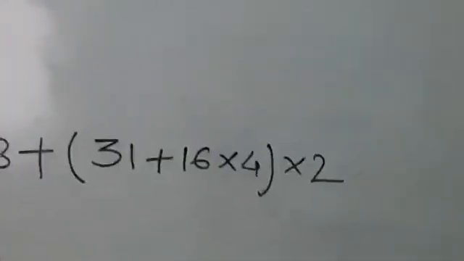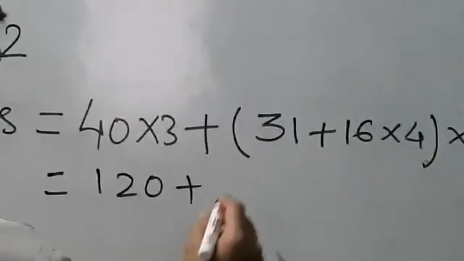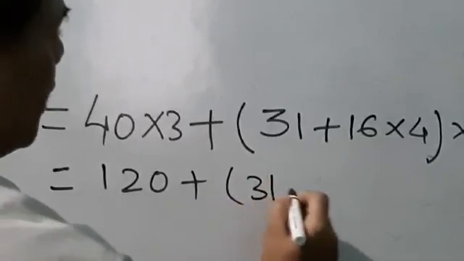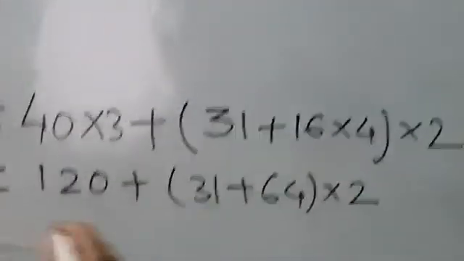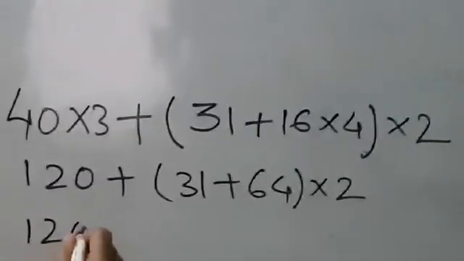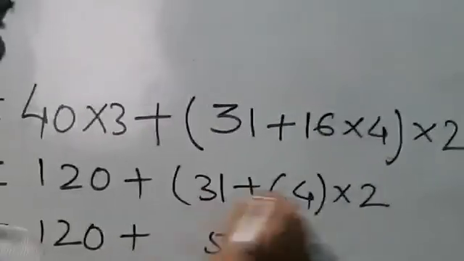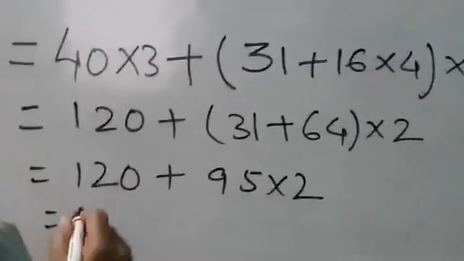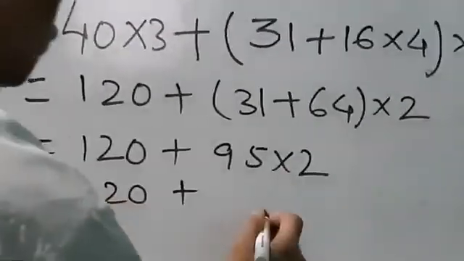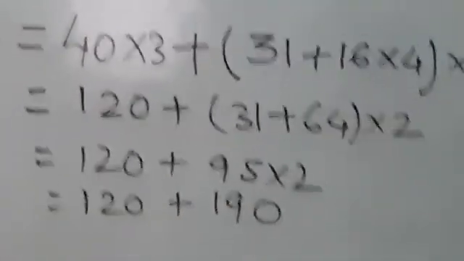So now 40 into 3 is 120, plus 31, plus 16 into 4 is 64, into 2. 120 plus, now 4 plus 1 is 5, plus 3 plus 6 is 9, into 2. 120 plus, now 2 fives are 10, 2 nines are 18, plus 1 is 19.